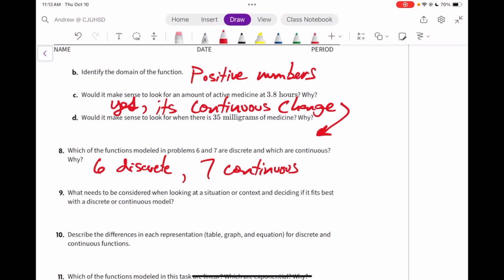And one of the things you can look at is, do you have discrete or continuous inputs or outputs?